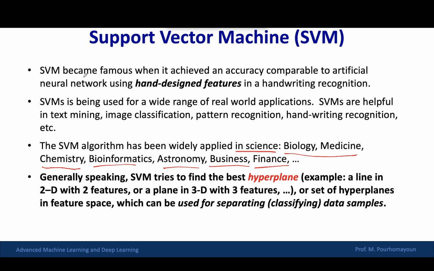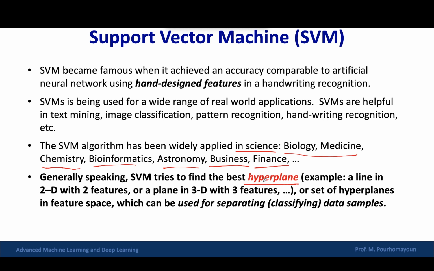Generally speaking, SVM tries to find the best hyperplane, okay, or a set of hyperplanes in the feature space which can be used to separate data samples, to classify data samples. So by hyperplane, I mean a plane.